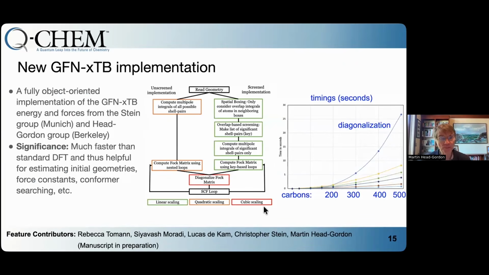At the other end of the spectrum, we're also excited about the fact that we can do SCFs incredibly cheaply with a new implementation of the GFN-xTB model. And this is work that represents the thesis work of Rebecca Tomann in my group, Siavash Mardi and Christopher Stein's group at TUM, and crucial last-minute help from Lukas Takam.